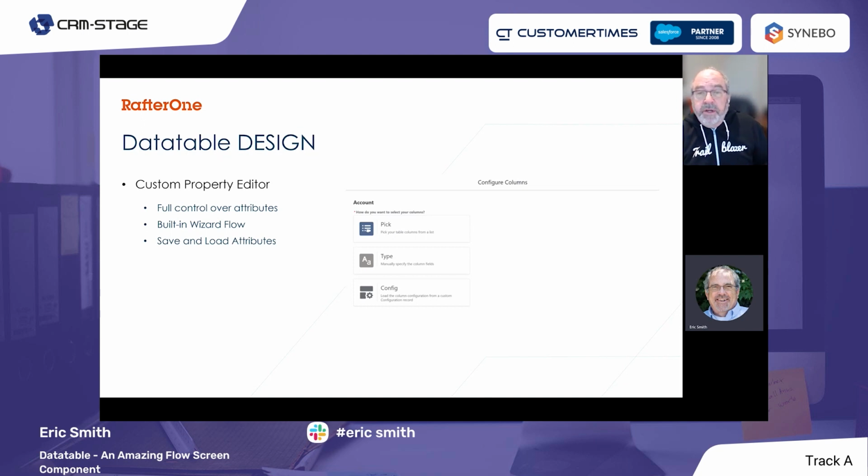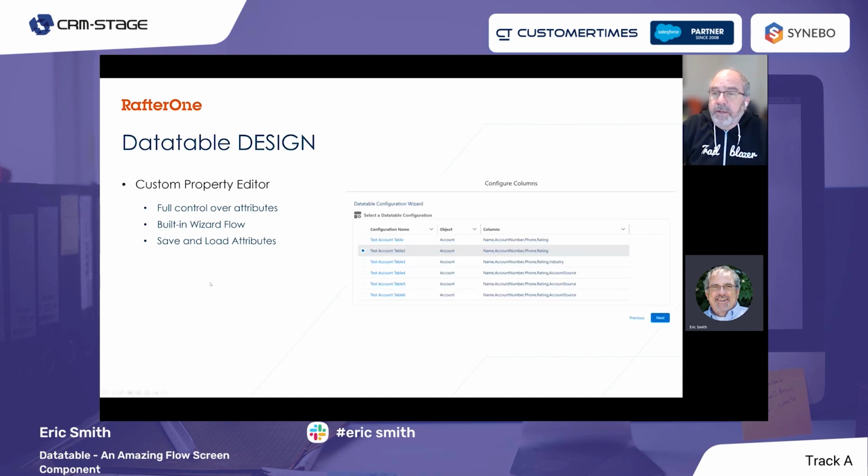You can save that configuration and then load it in later, and it brings all of those attributes in for you. So this is a definite time saver to save those column configurations.